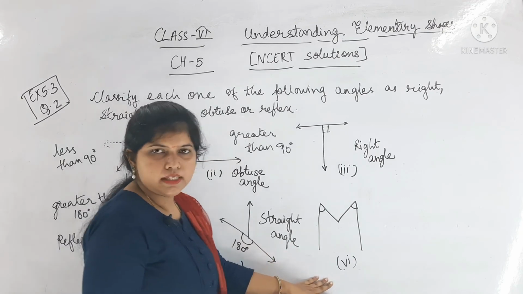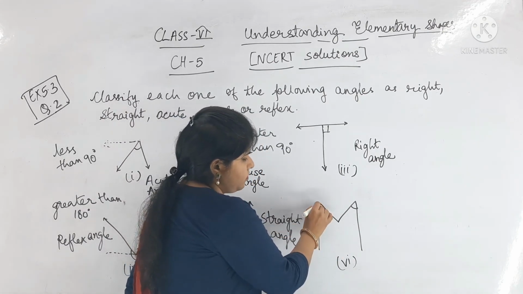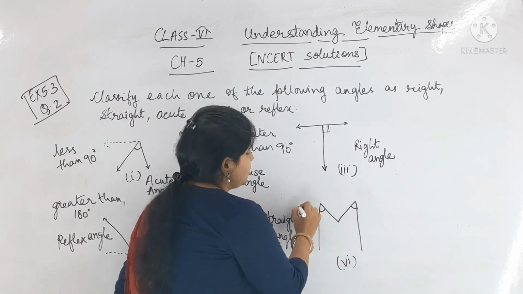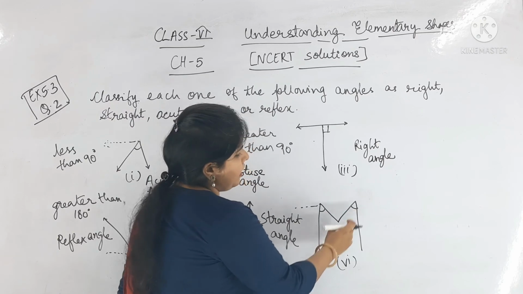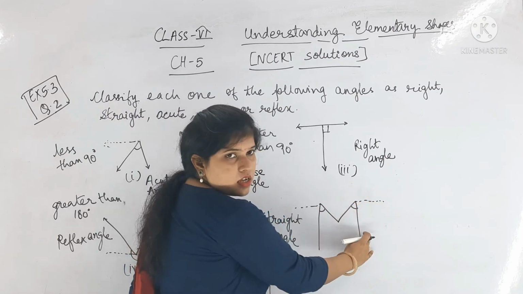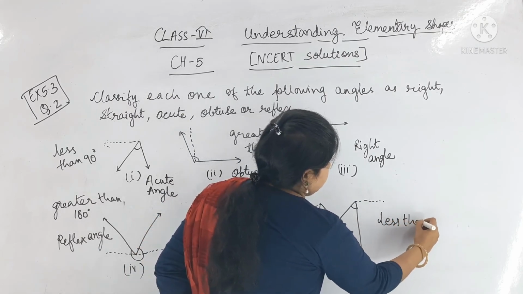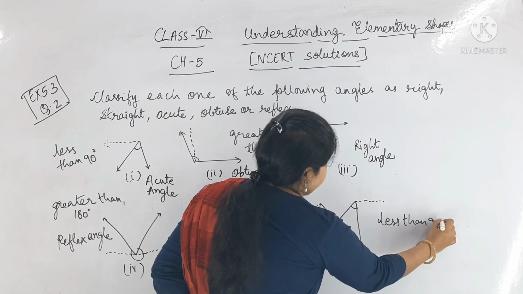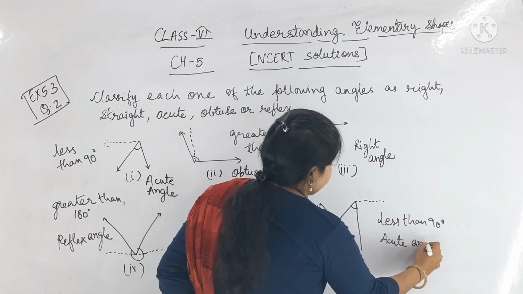Number 6, that is the last part. If you place the protractor here, this is 90 degree and this is less than 90 degree, and from this point this is 90 degree and this is less than 90 degree. So in both cases it is less than 90 degree, so it will be the acute angle.